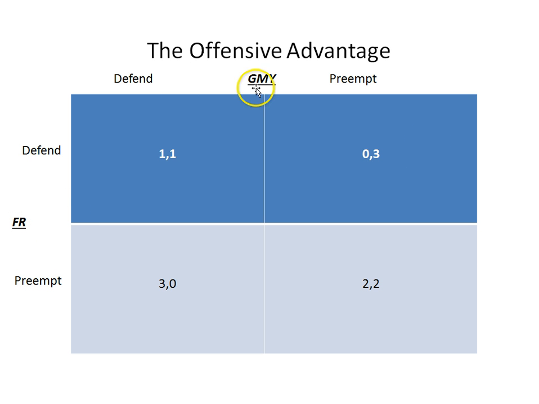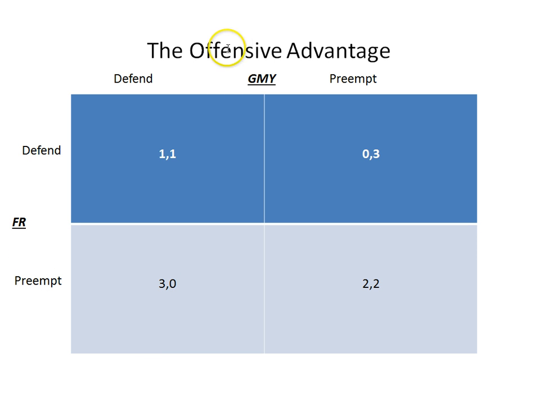In this game theory box, if we think of France, where are its best outcomes and where are its worst outcomes? So where does France do the best? Well, France preempts, right?